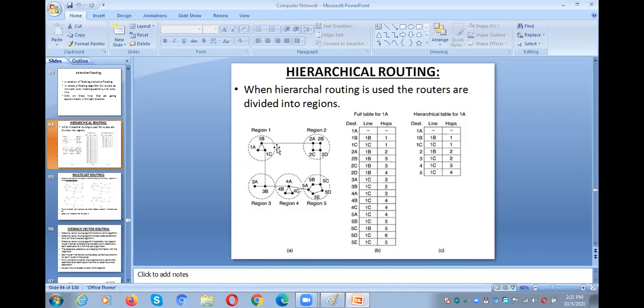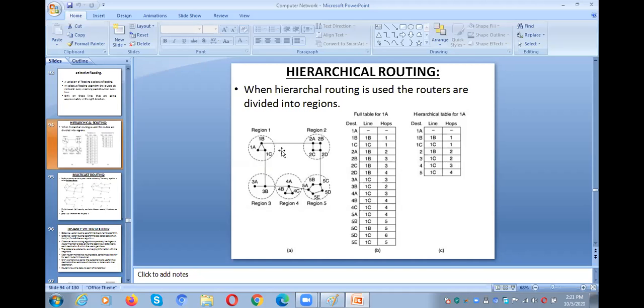Hierarchical routing: if you observe, there are 17 nodes in this entire network, 1 2 3 4 5 6 7 8 9 10 11 12 13 14 15 16 17. Each and every node needs to maintain a routing table.